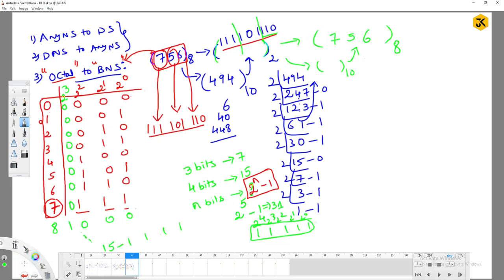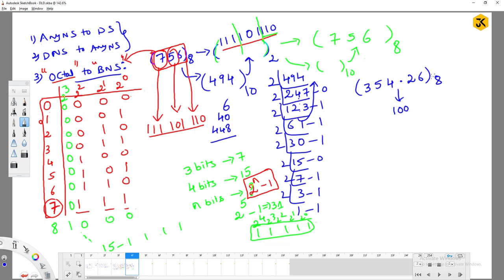For example, you got 354.26 in base 8. I am asking you to convert it into a binary number. What is the simple solution? First, is it a valid octal number? Yes. 4 I can represent as 100.